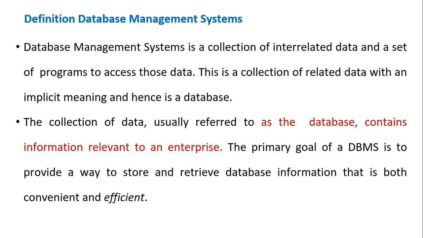If you come to the database, you will look at the collection of data, usually referred to as the database, which contains information relevant to an enterprise. The primary goal of the database management system is to provide a way to store and retrieve database information that is both convenient and efficient. So you look at the database management system as a house, and within the house we have different rooms, which we will consider in this case as tables. And within the rooms we also have different components.